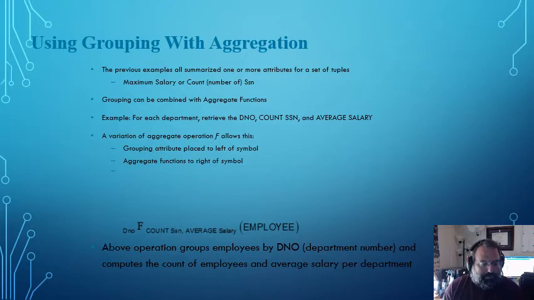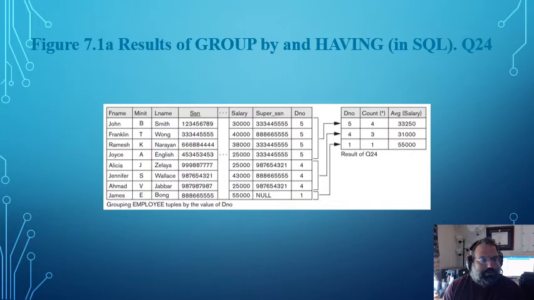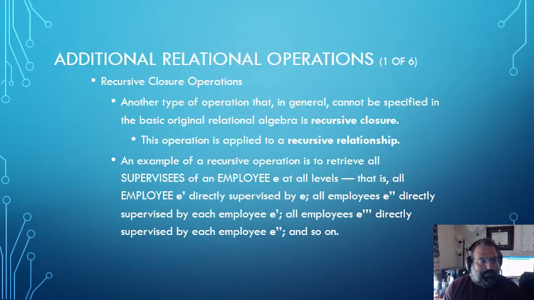The above operation groups employees by Dno, department number, and computes the count of employees and average salary per department. Figure 8.10 is an aggregate function operation. Figure 7.1 is an example of a GROUP BY and a HAVING clause.